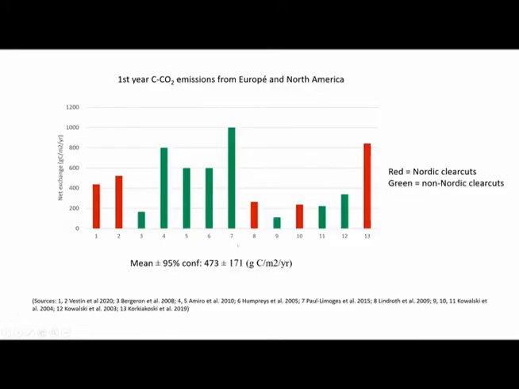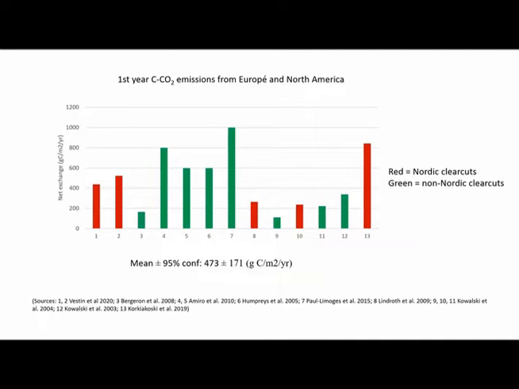So if we look at results from recent studies on clear cuts with the same type of method, direct measurement, these are first-year emissions from 13 different clear cuts. The red bars are from Nordic clear cuts, Swedish and Finnish, and the green ones are from non-Nordic, mainly from North America.